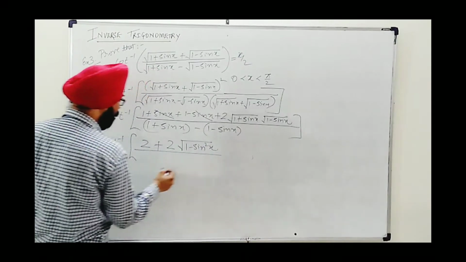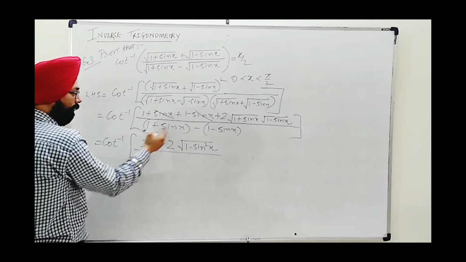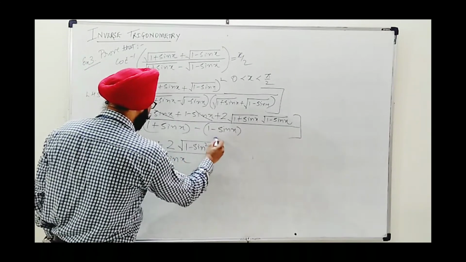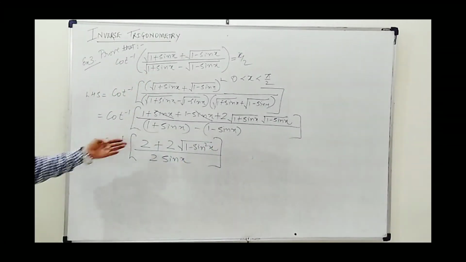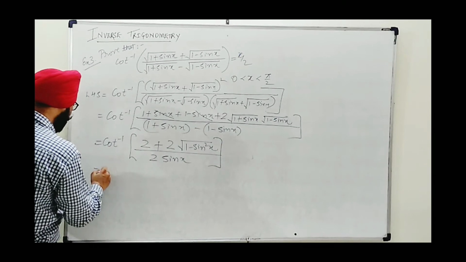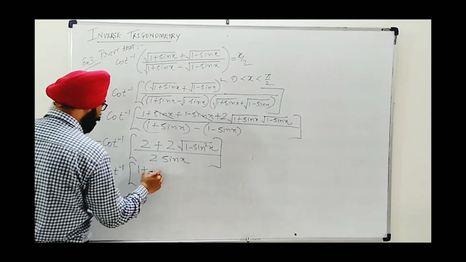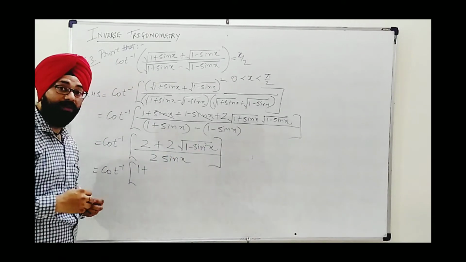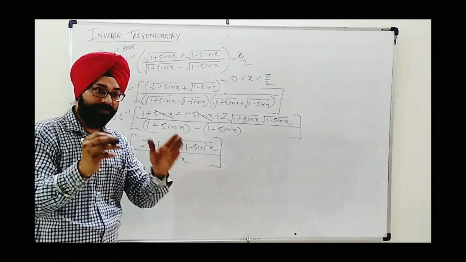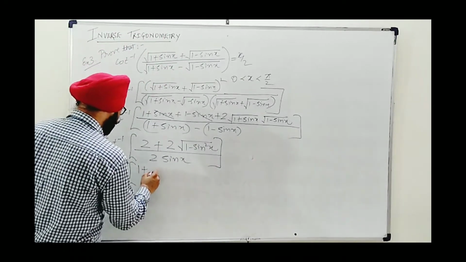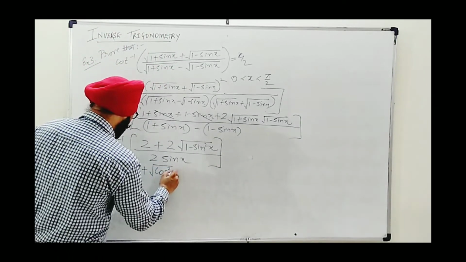And in the denominator, when we open this bracket, 1 and 1 cancel out, we are left with 2 sin x. And for sure, 2 can be taken out in the numerator, and after cancellation we have 1 plus root 1 minus sin square x. 1 minus sin square x is an identity, which we directly write as cos square x.